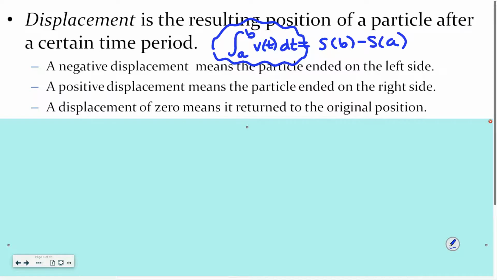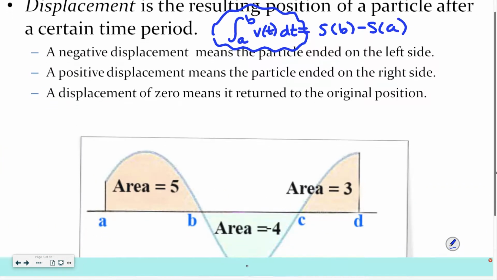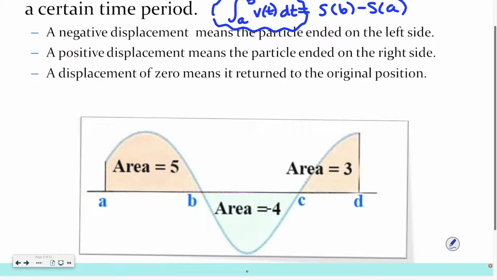Now, don't write this down, but I want you to think about this. If this was a velocity graph, and I'm asking you for displacement, if I take the integral of velocity from A to D, what would it equal?